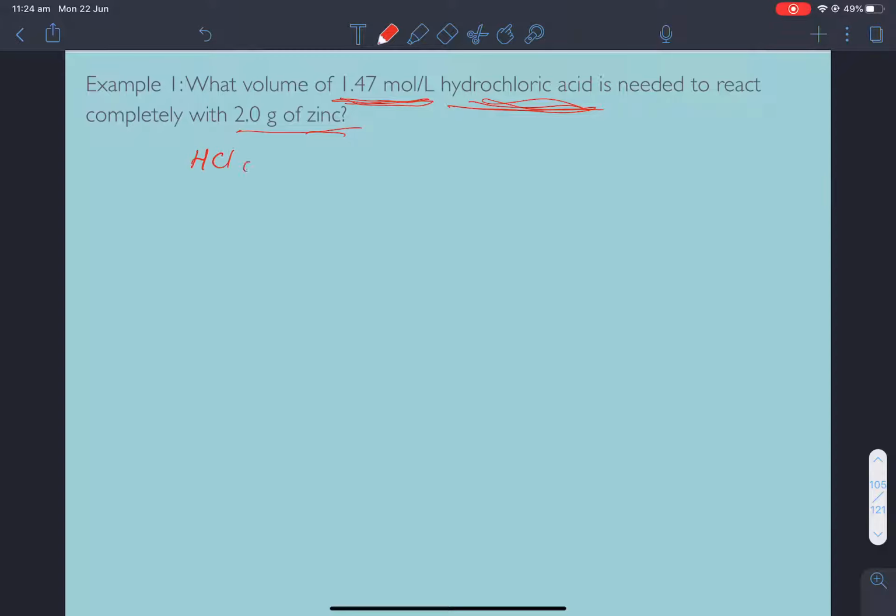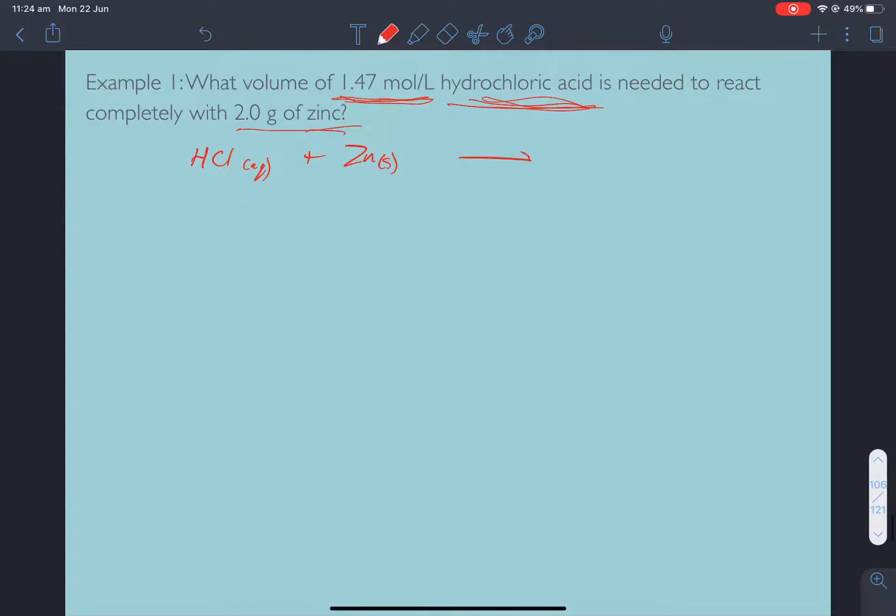What do we got? Hydrochloric acid, aqueous, plus zinc, solid, going to, okay, we've got an acid and a metal, so we're producing hydrogen gas, and a salt, okay. Zinc must be the cation. And what's left over from the acid?